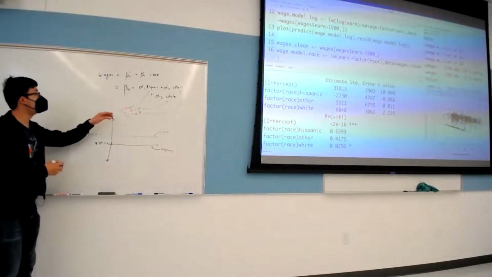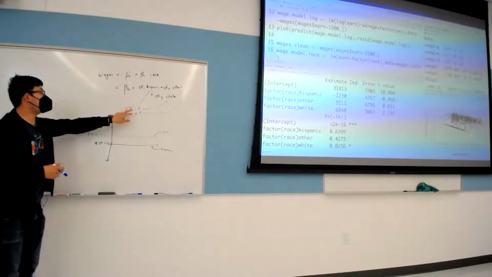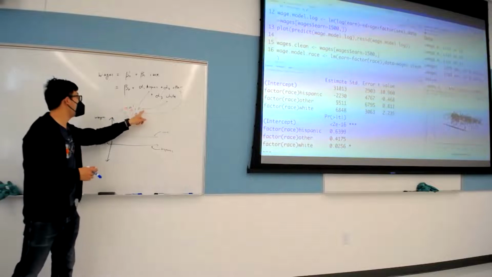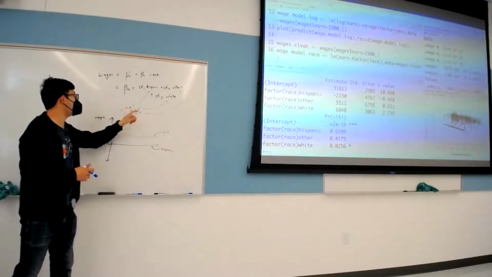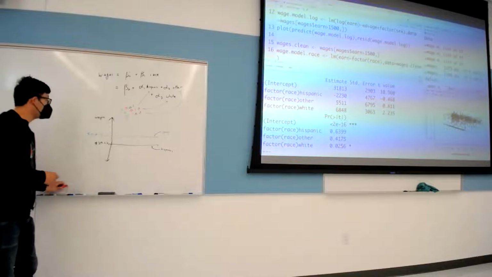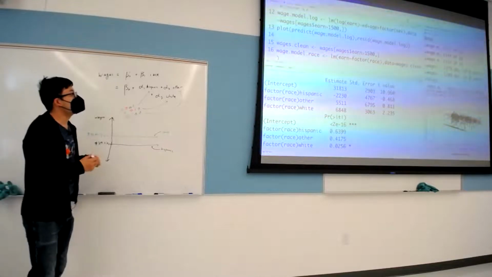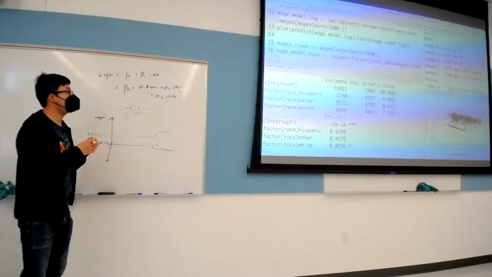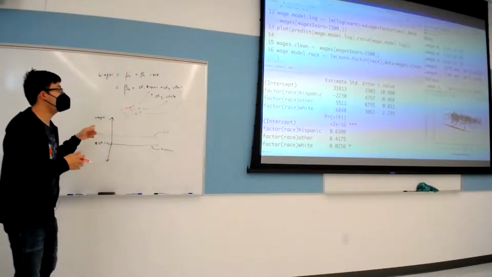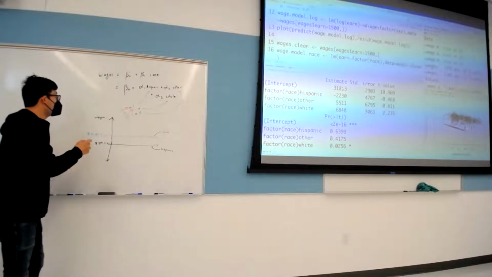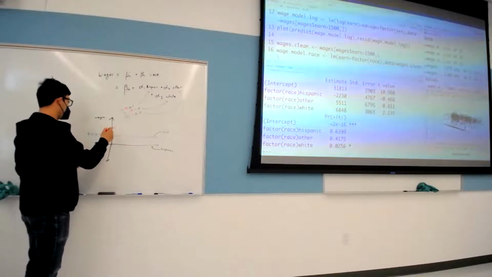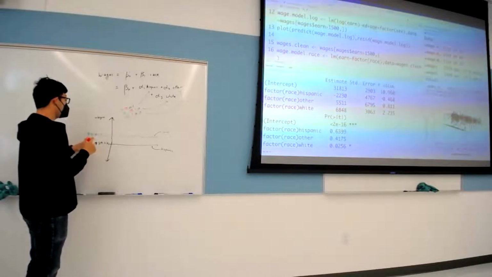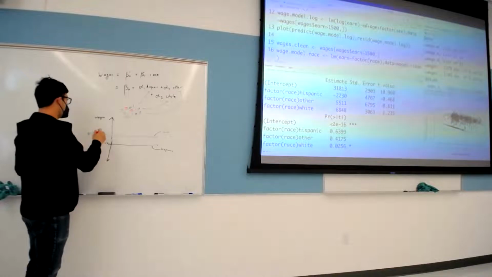We have another configuration. If you are other, you make 5,510 more than if you are Black. So that would be 37.2.